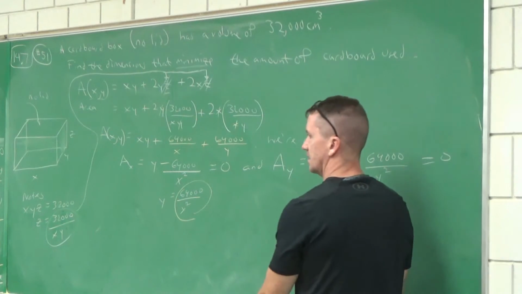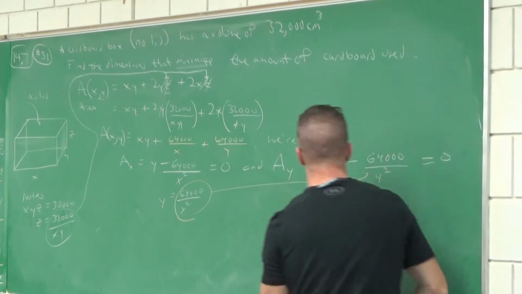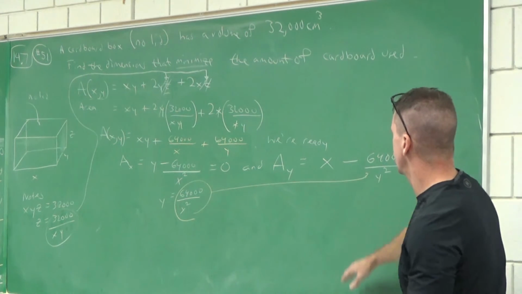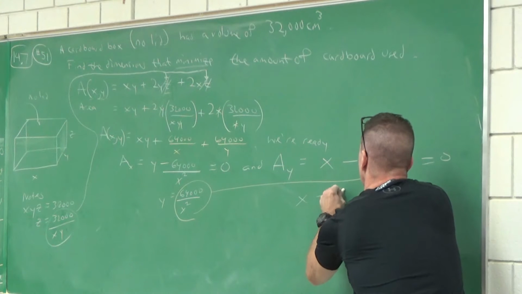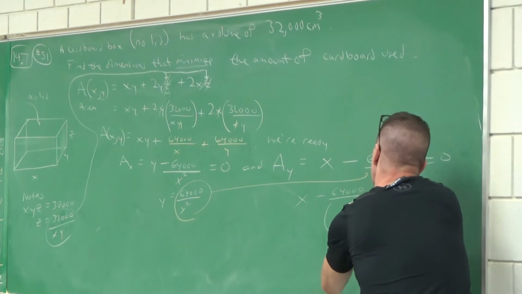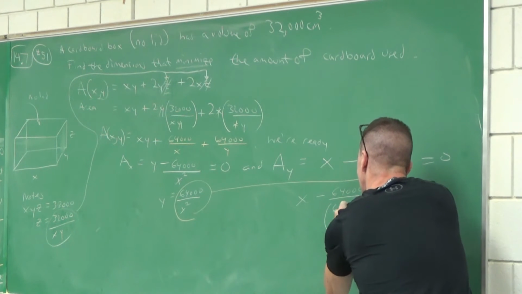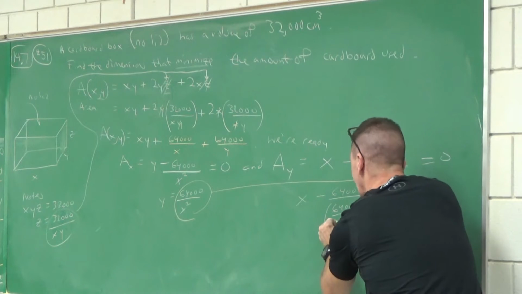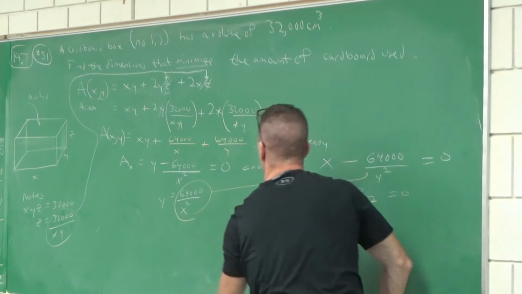Take that and put it right there. Now we have a complex fraction, so I'm going to write this slowly. x minus 64,000 all over the quantity 64,000 over x squared, squared, equals 0.